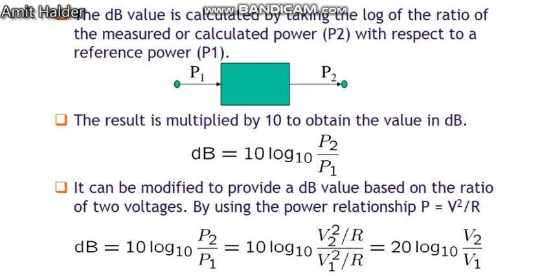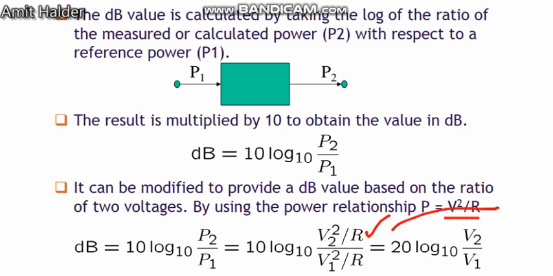It can be modified to provide a decibel value based on the ratio of two voltages. By using the power relationship P equals V squared by R, we can provide the decibel value with respect to voltage. Just put the value P equals V squared by R here, and now we can calculate with respect to the voltage.